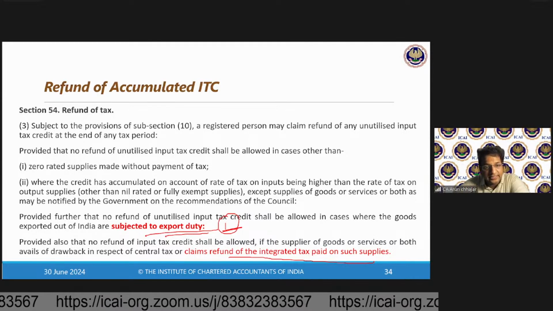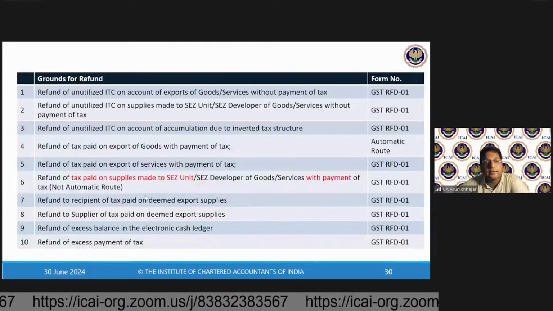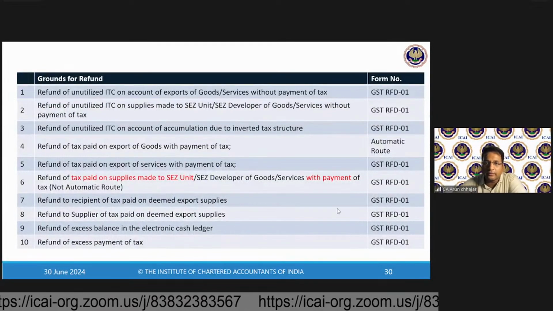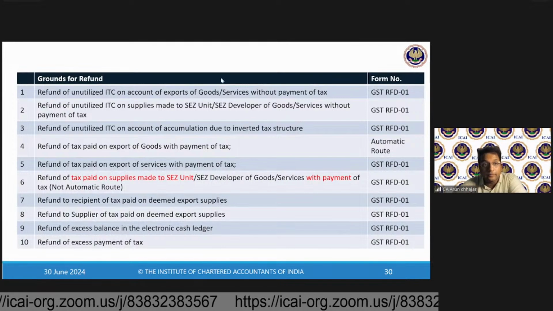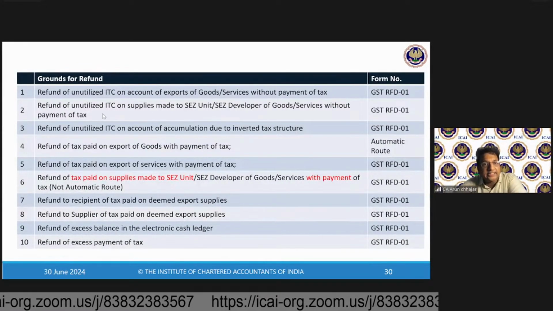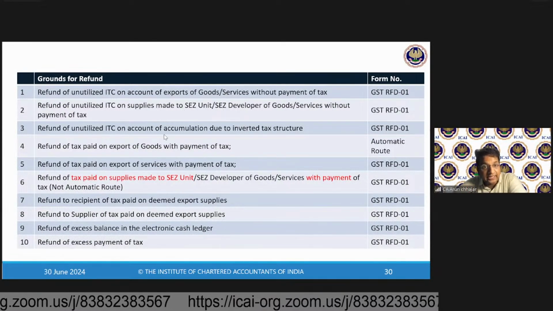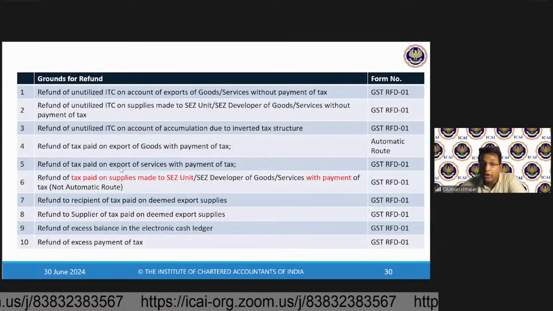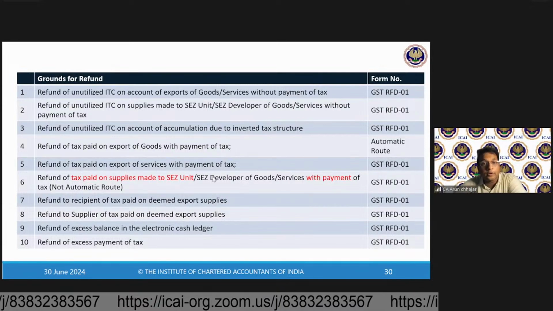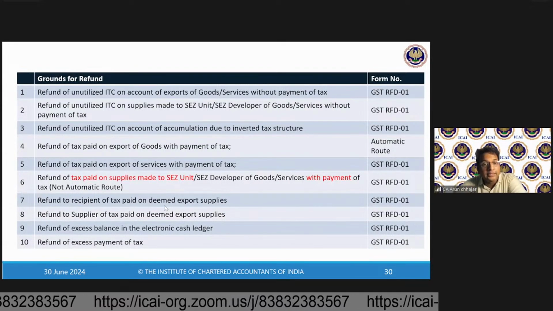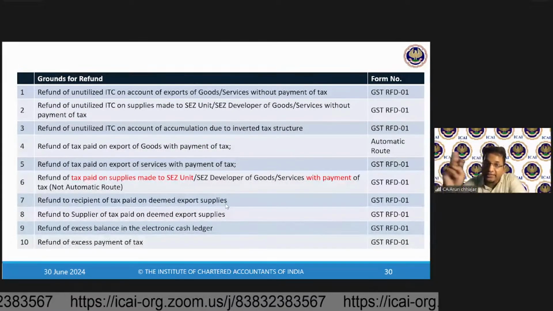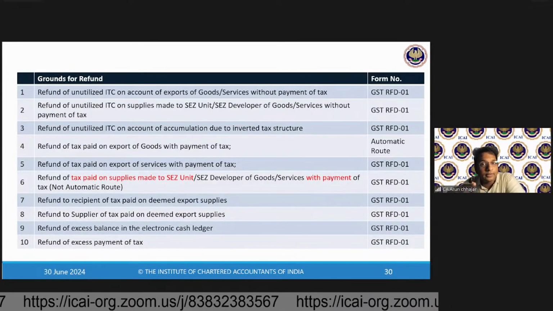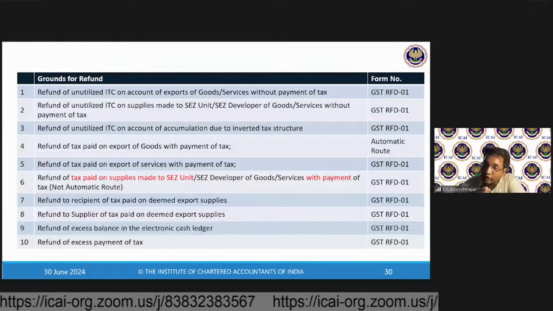The GST refund arises from multiple transactions in which refund would be permitted. So if it is unutilized ITC on account of export or SEZ or inverted duty, if you are paying the taxes on export of goods, on export of services, or SEZ unit or developer, or in case of deemed export, supplier or recipient, anyone can go for the refund.